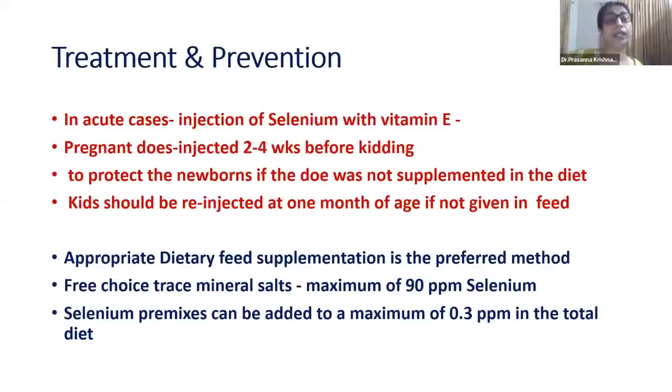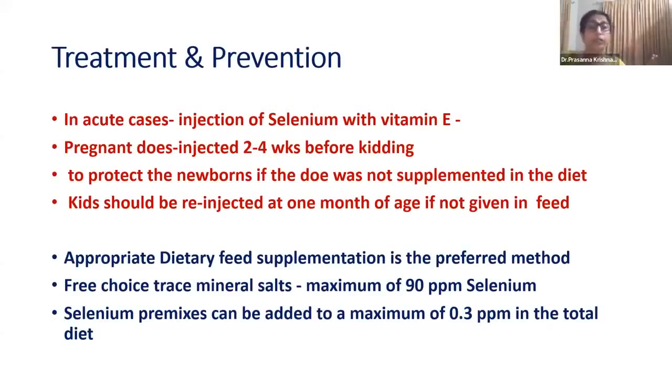Treatment and prevention: in acute cases, we can give injections of selenium with vitamin E. Pregnant does are injected 2 to 4 weeks before kidding, because we know that it is the newborn that are affected.